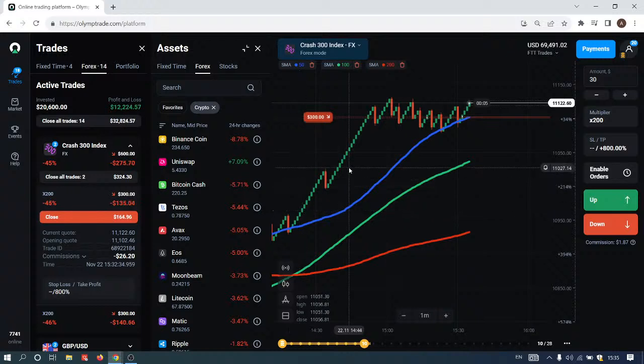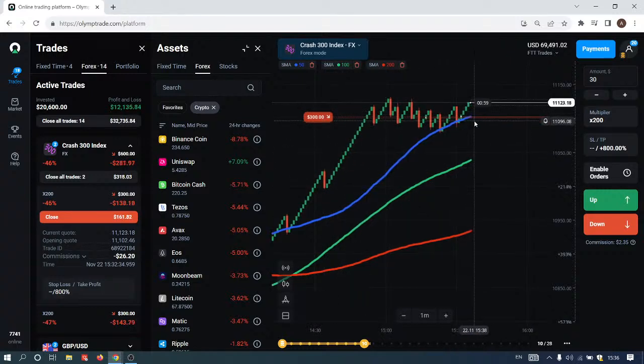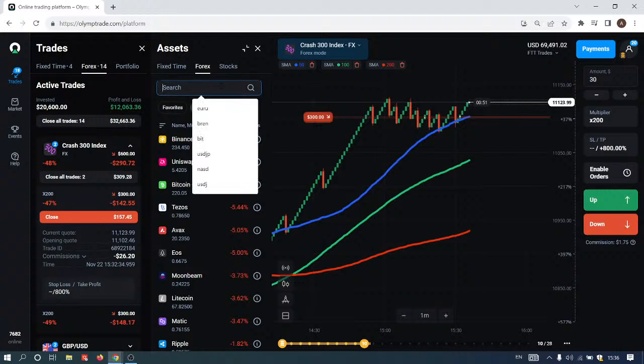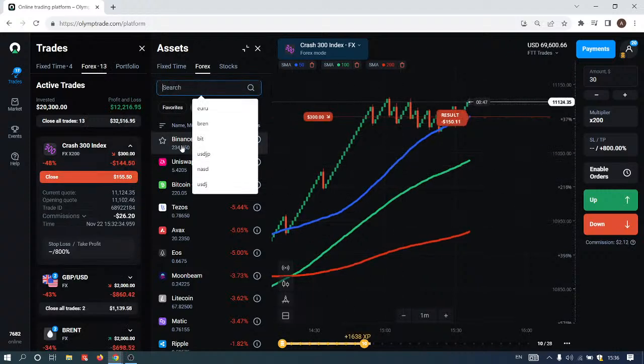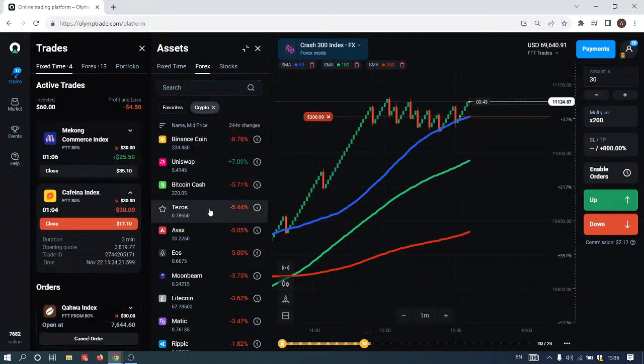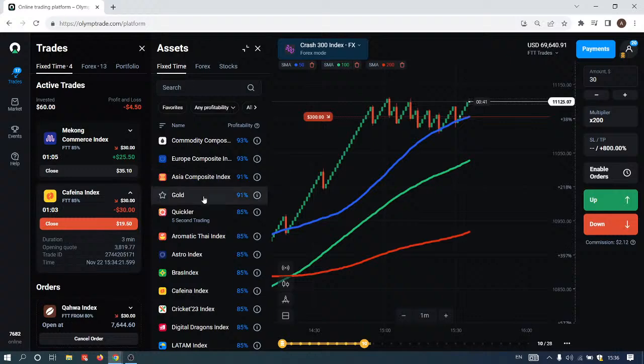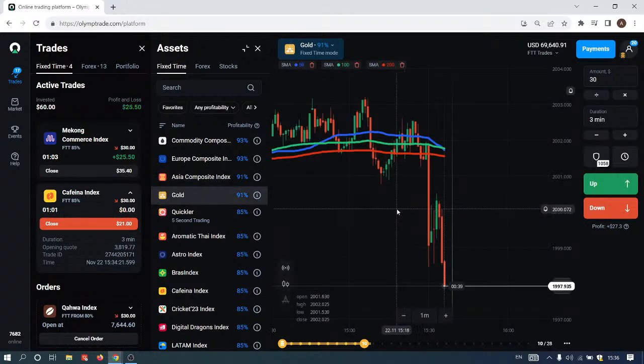I don't know. Some assets are only available with FTT mode of trading and not with Forex. It's the opposite for some, like natural gas, I think platinum, and some other ones. So I don't really know the exact answer.